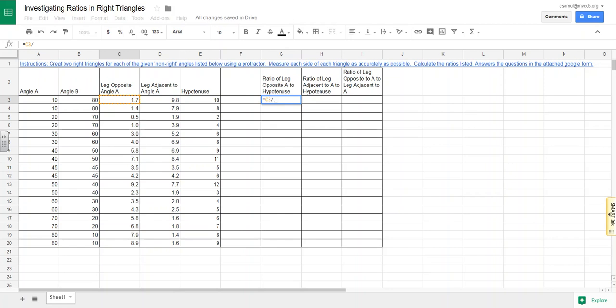What you'll notice is when I clicked on the cell, it automatically put it into the equation as C3, indicating that I'm going to use cell C3. Then I'm dividing it by the hypotenuse, which is E3. So I've got C3 divided by E3, and if I click enter, it calculates the ratio for me.